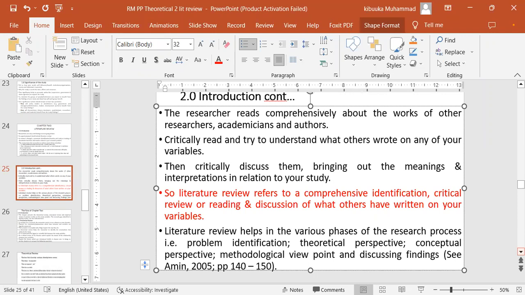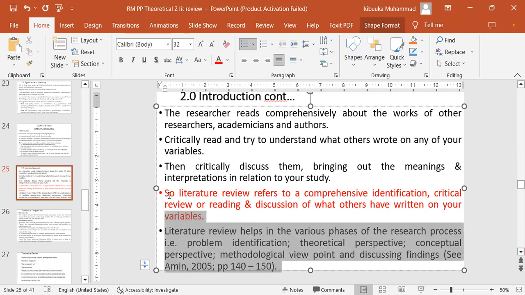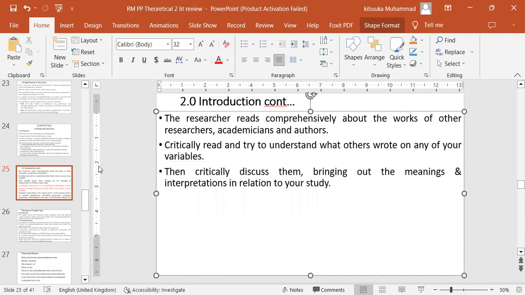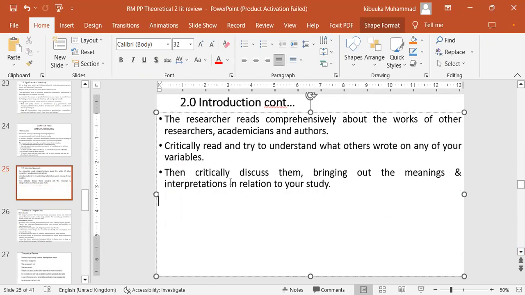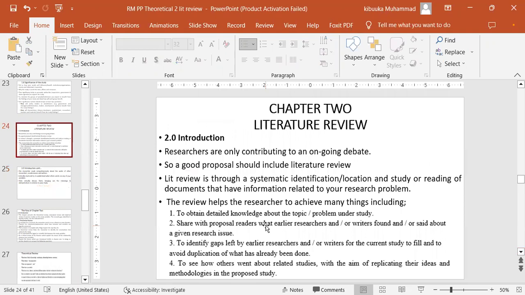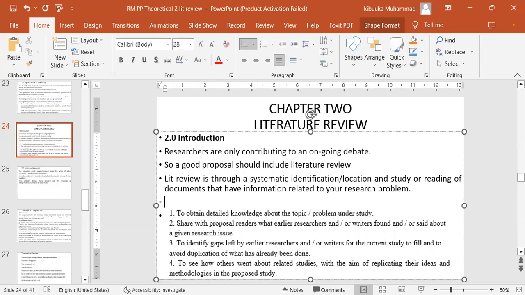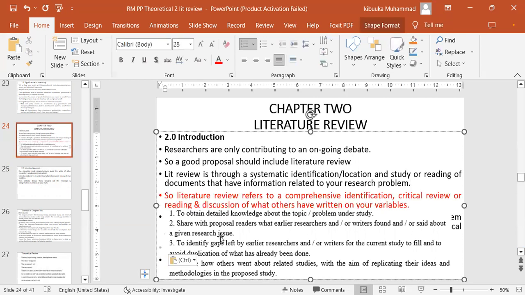So these 2 points here may not rhyme so well with the points of the steps of literature review we talk about. And therefore, I'm changing them briefly.